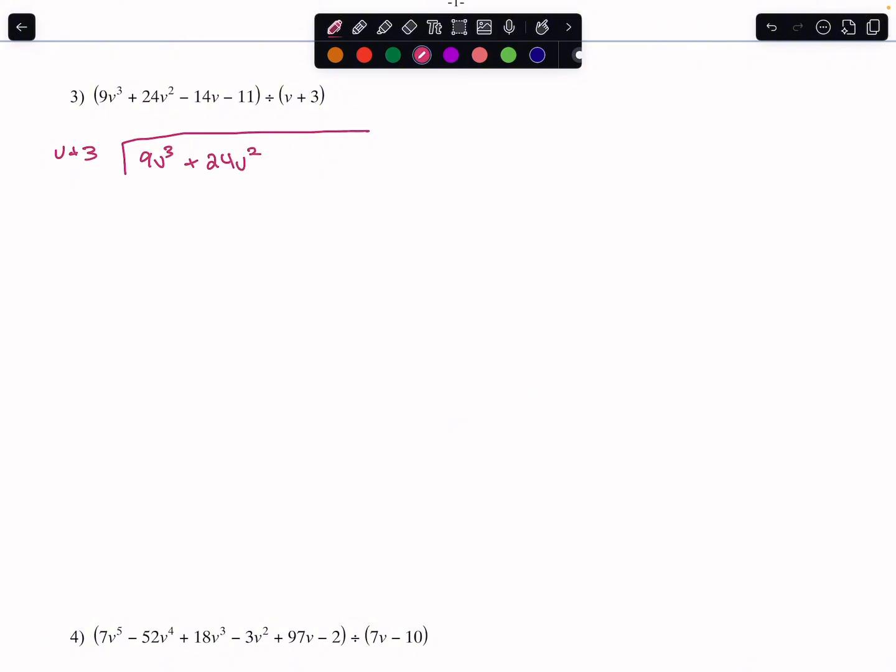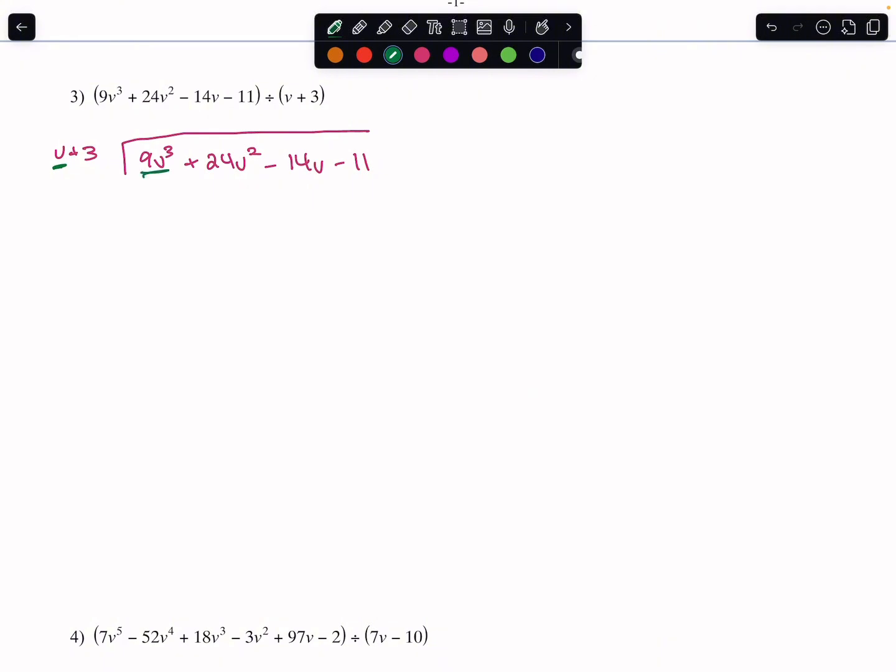V, so I'm looking at my first numbers. V times what is 9v cubed? And that's going to be 9v squared. 9v squared times 9v is 9v cubed. 9v squared times 3 is going to be 27v squared.